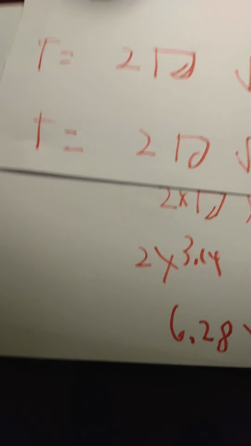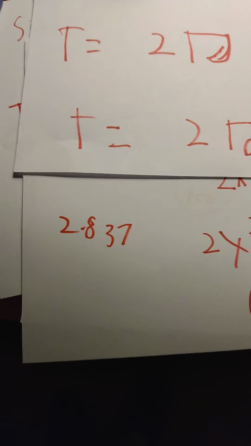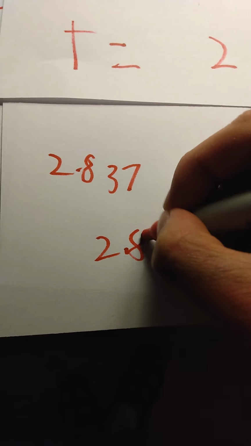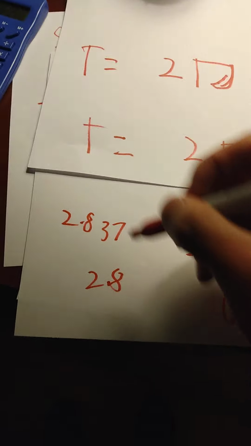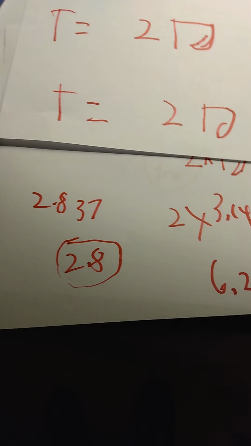The answer would be 2.831, but if you wanted to round it to 1 decimal, it would take 2.8 seconds to get from point A to B and back. So that is our answer, 2.8 seconds.